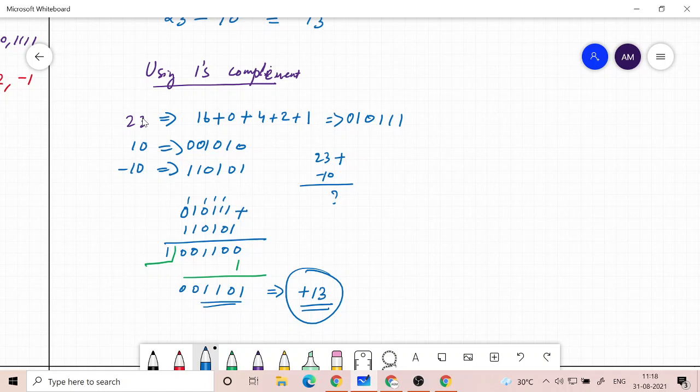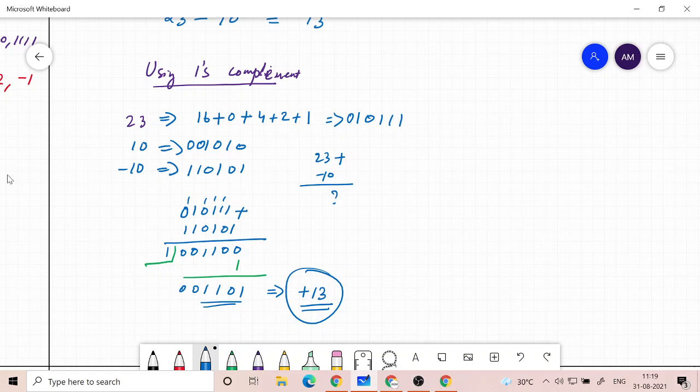To represent the number 23, the magnitude alone requires 5 bits. Then you need one more bit for the sign, so that half of the combinations can be positive and half negative, right? Yes, sir, one additional bit is required for sign.